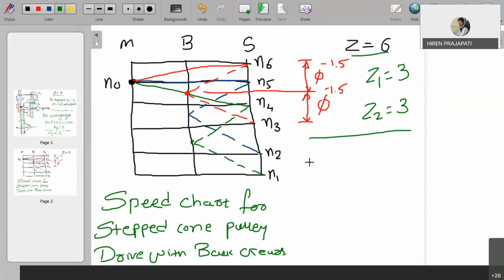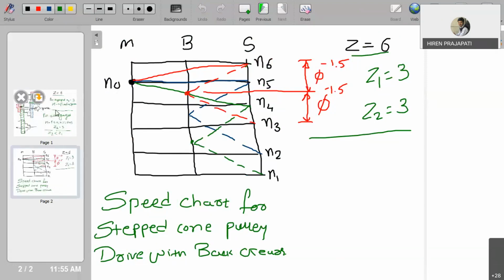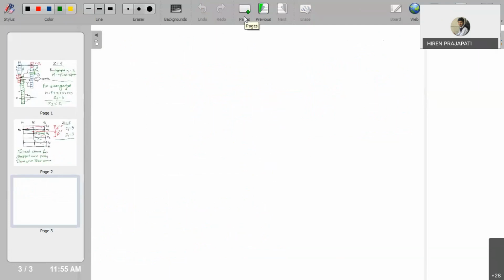So I think there is no question. Let us try to design this type of drive. Now I'm giving you one problem definition.